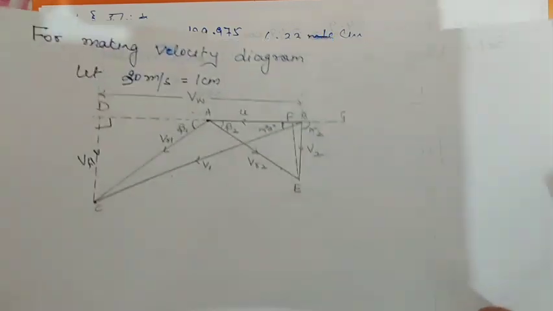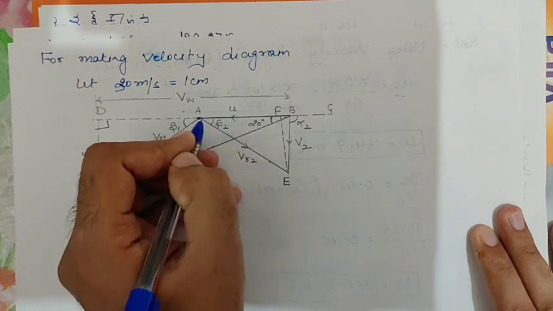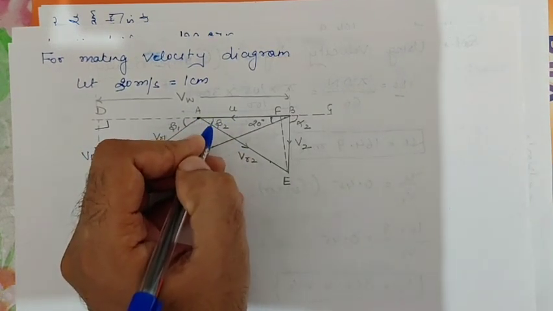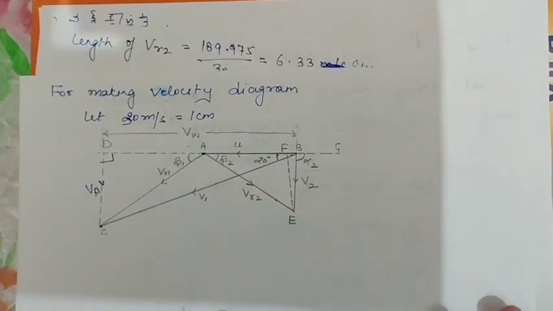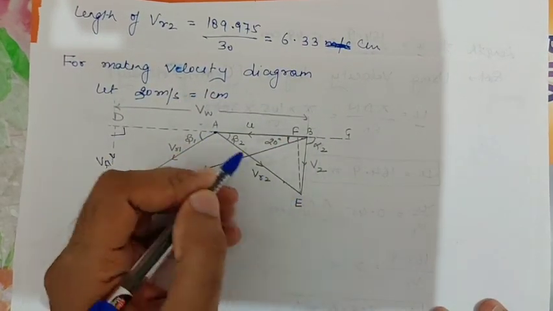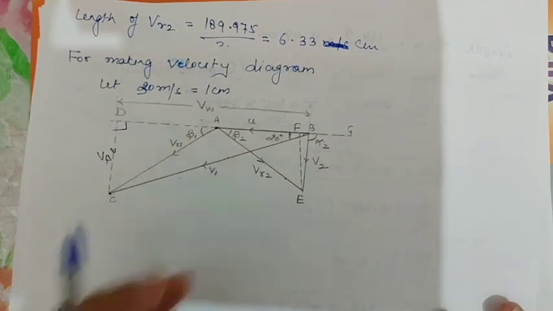Now we take this end, the A end of U, at an angle of 32 degrees, that is the value of beta 2. At angle 32 we draw a line of length 6.33, A to E. This is the VR2.